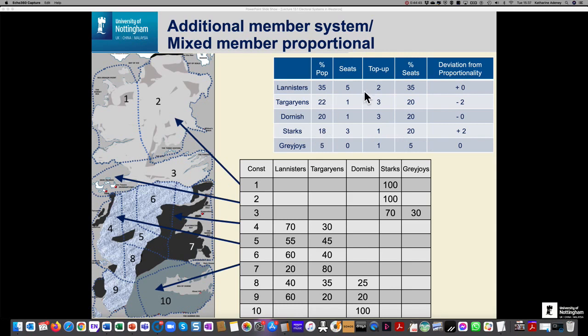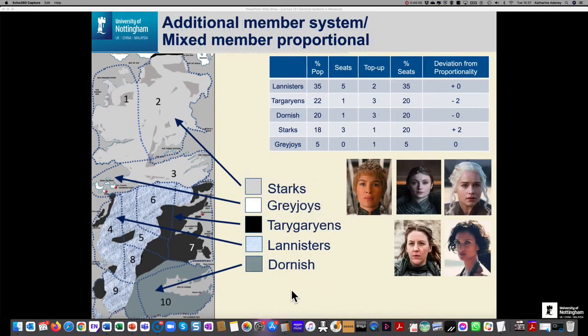The Targaryens are slightly underrepresented, but overall it's a very proportional system. So who's going to be in this coalition? And as with the single transferable vote, because it's more proportional and because it's a very divided society, it's all up for grabs. And again, you have the trade-off between inclusion versus the potential for instability.